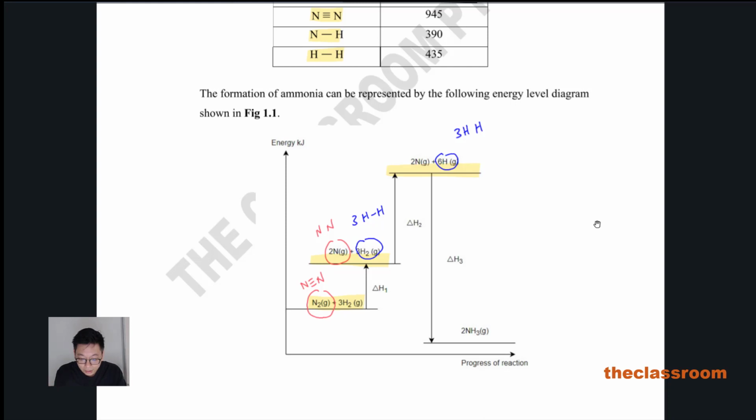Then your delta H3 is your bond forming. Your N and your 6 H's come together and form 2 moles of ammonia. So you have bond forming. Recall, bond forming is an exothermic process, energy is released.